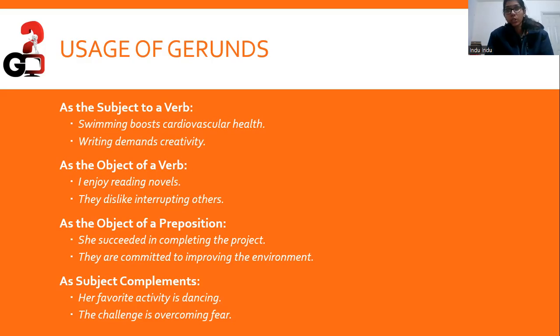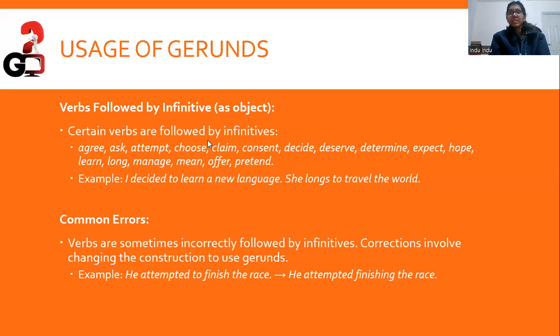Gerunds could also be used as subject complements. Her favorite activity is dancing, right? The challenge is overcoming fear. So here, dancing and overcoming are used as the subject complements, right? Now, certain verbs are followed by an infinitive as object.